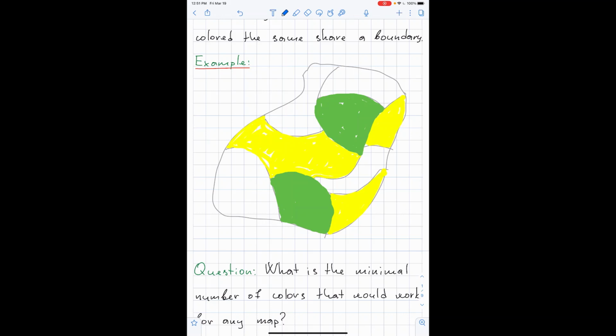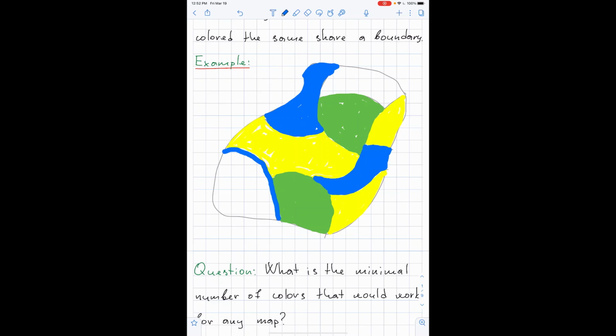So I can color, say, this country in blue. And then I can color this one in blue. And say this one also blue.